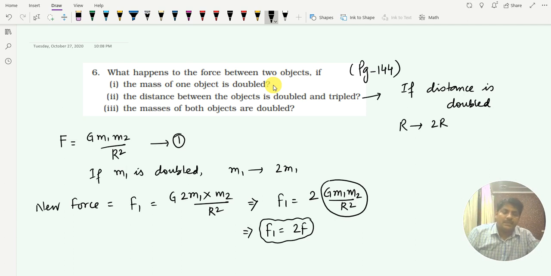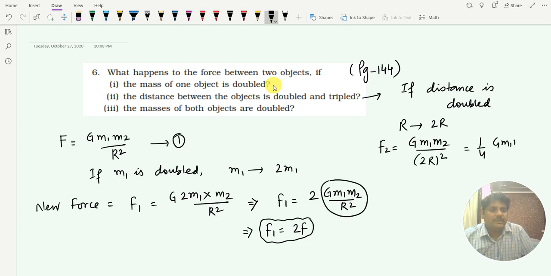We are not changing the mass, m1 and m2 are remaining the same. So F2 would be equal to G m1 m2 by 2r whole square. So this will give you 1 by 4 G m1 m2 by r square.